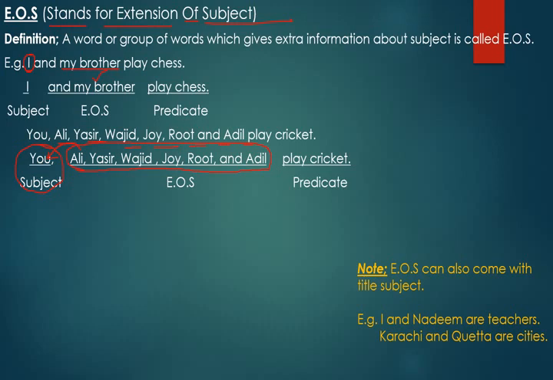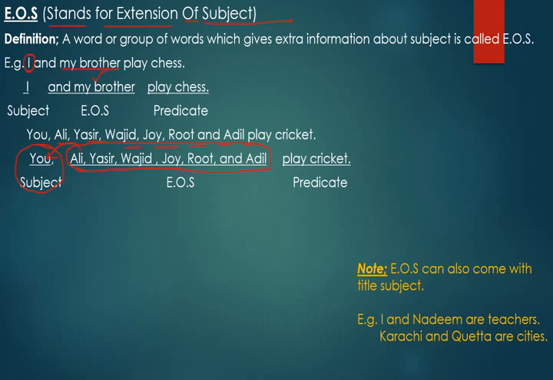One note about EOS, you should remember it and keep it in your mind. EOS can also come with your title subject. Do you remember, in the previous slide we discussed that there are two definitions of subject. One is subject as doer of an action, which is used in your action tenses, and one is used in non-action tenses, like the title subject. So you can bring EOS with the title subject as well.